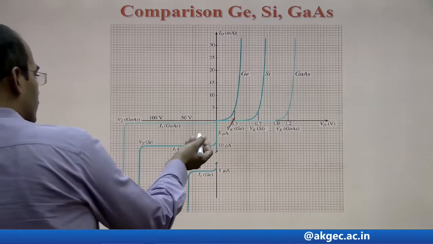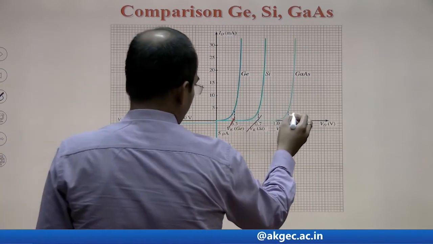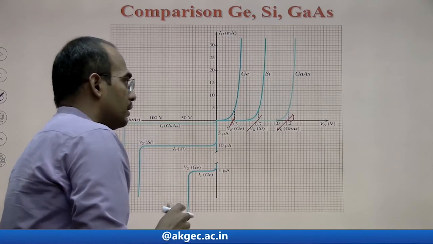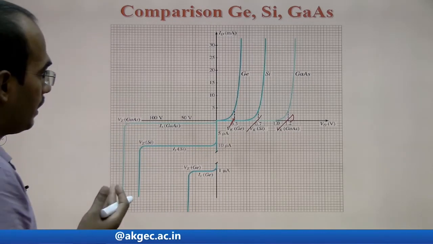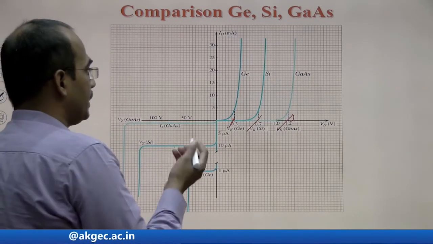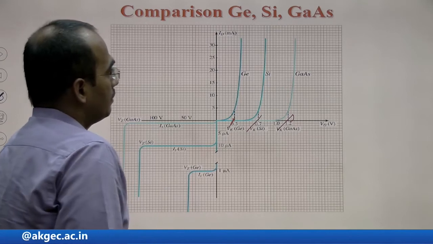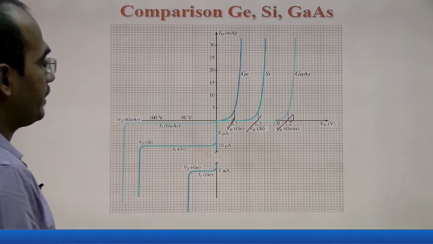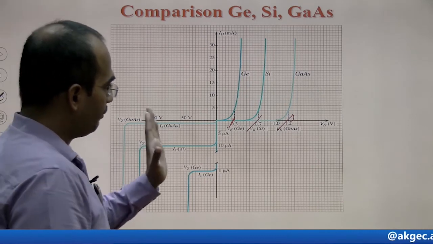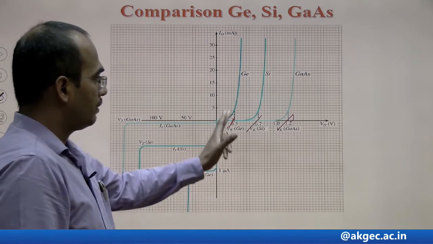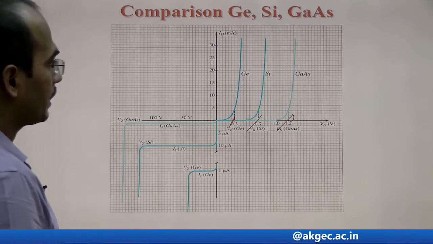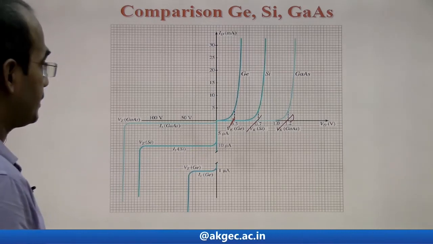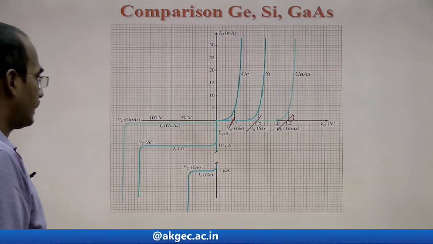Before the cut-in voltage, the current increases only slightly, and the variation in the current can be observed after the applied voltage crosses the cut-in potential of the germanium, silicon and gallium arsenide diode.